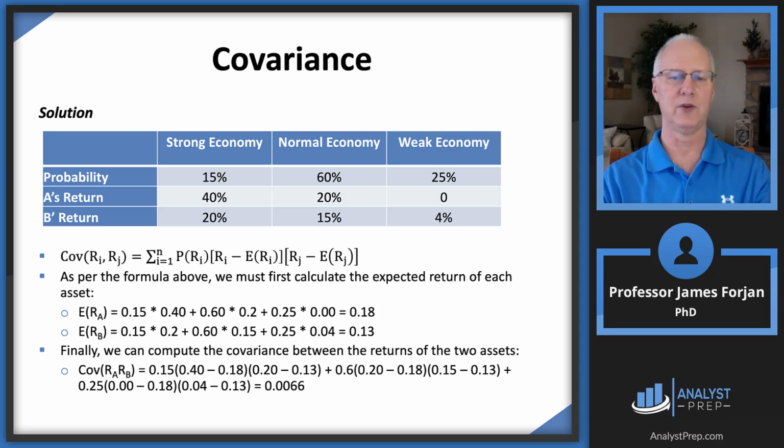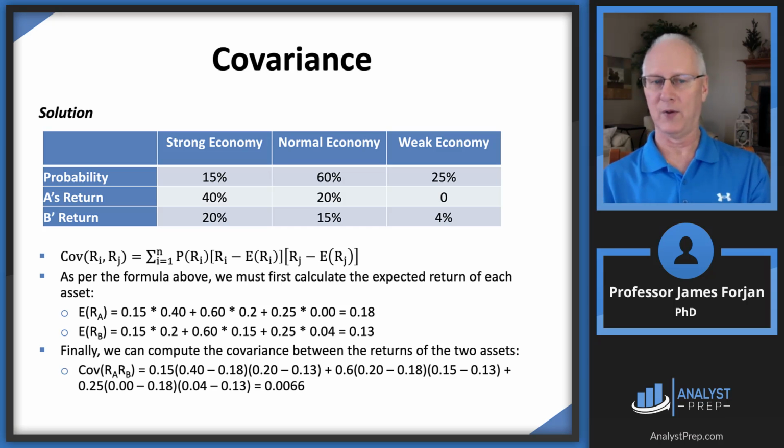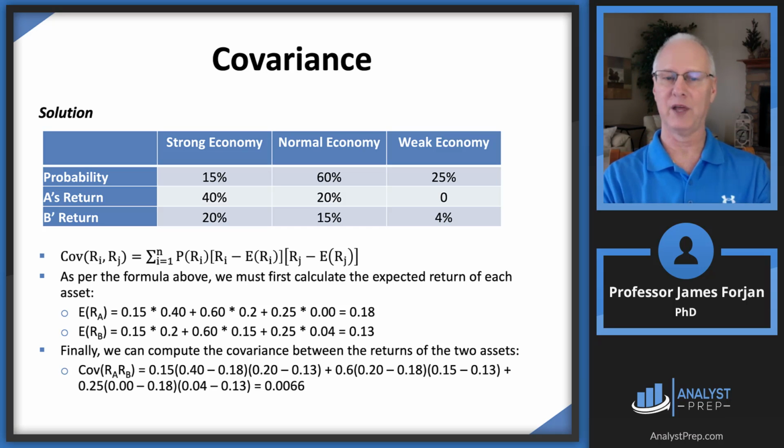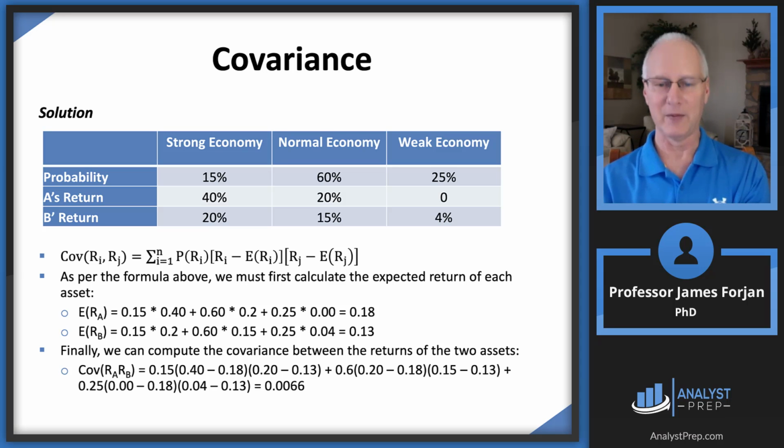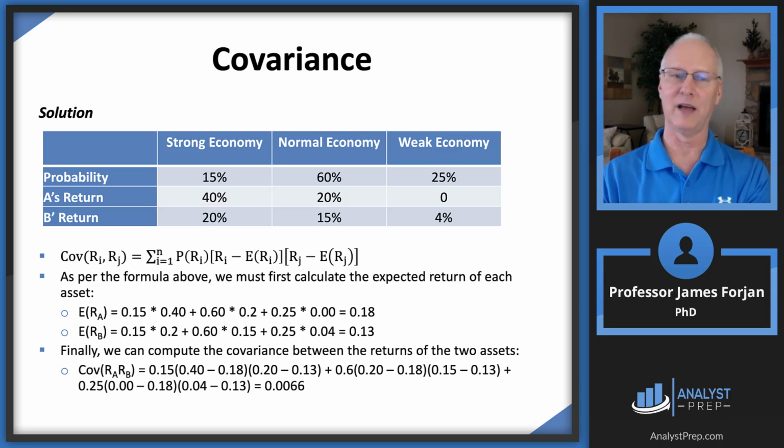So let's go ahead and do the covariance. We're going to multiply 15% probability. And what do we have? In that strong economy, asset A is going to generate 40%. That is 22% away from the mean. So we have 15% times the quantity 40 minus 18, times the distance between asset B's return, 20 minus its mean return of 13%.